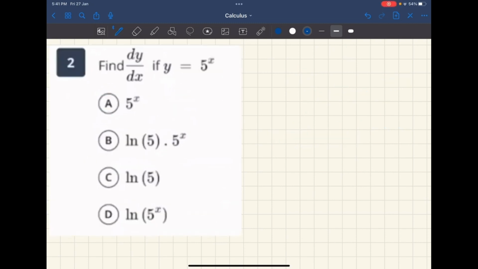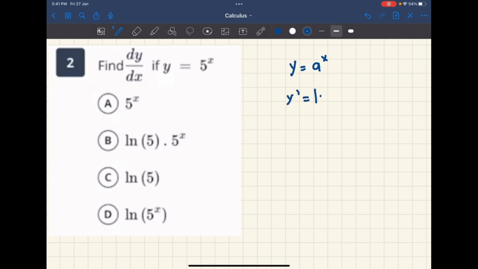So for the next question, it says find the derivative of y equals 5 to the power of x. And for this function, it can also be represented by y equals a to the power of x. And whenever you see a function like that, to find the derivative y prime, you'd have to write it like this: ln a multiplied by a to the power of x.